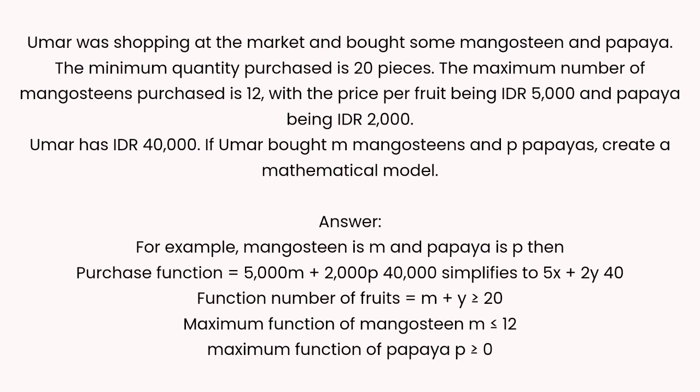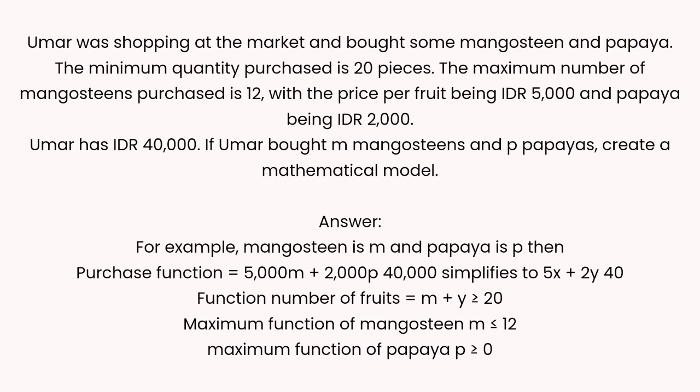The last example. Umar was shopping at the market and bought some mangosteen and papaya. The minimum quantity purchased is 20 pieces.